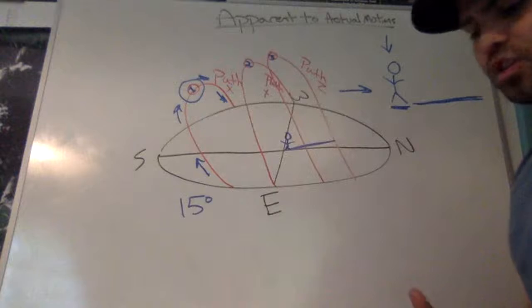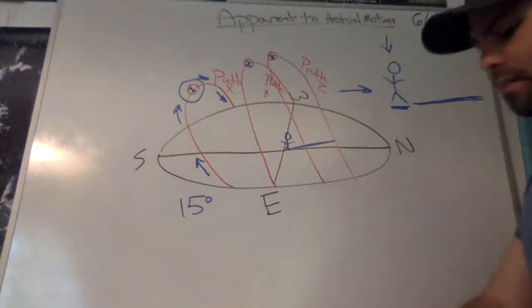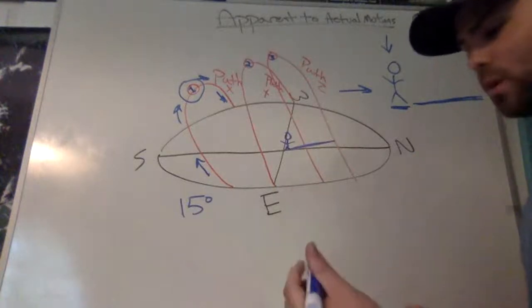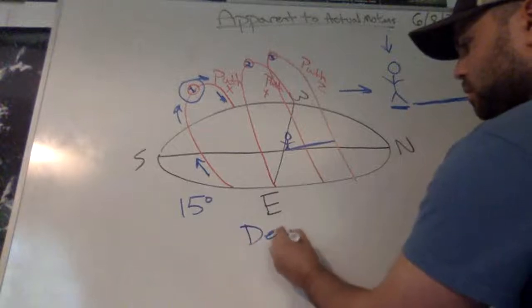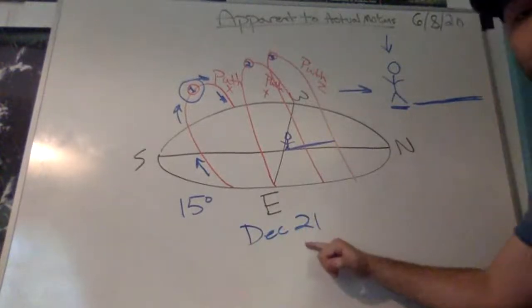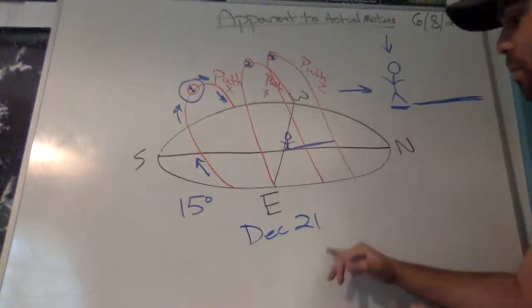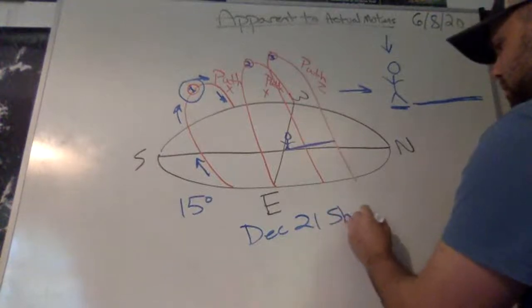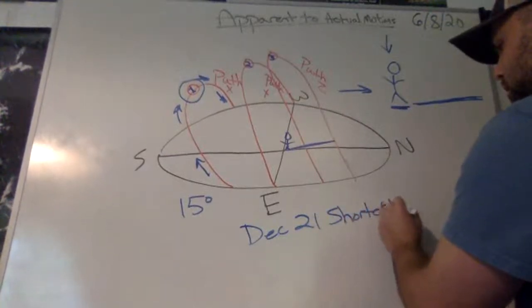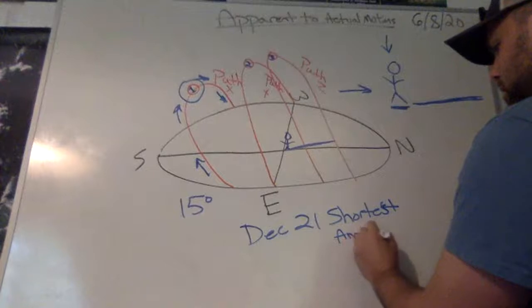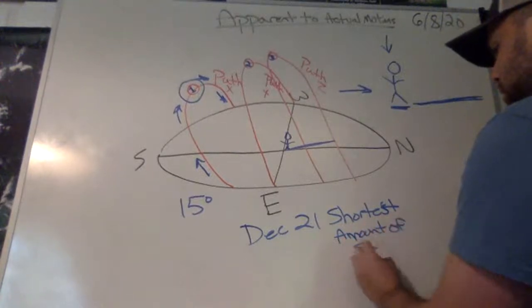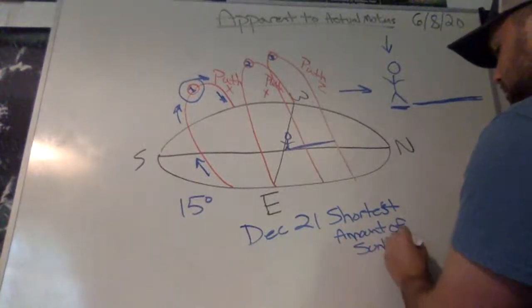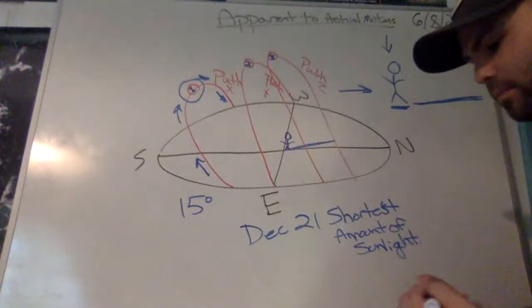So we have to find which date is within our winter months, okay? And for this, it gives us December 21st, which is actually the date that we have the shortest amount of sunlight. Okay?